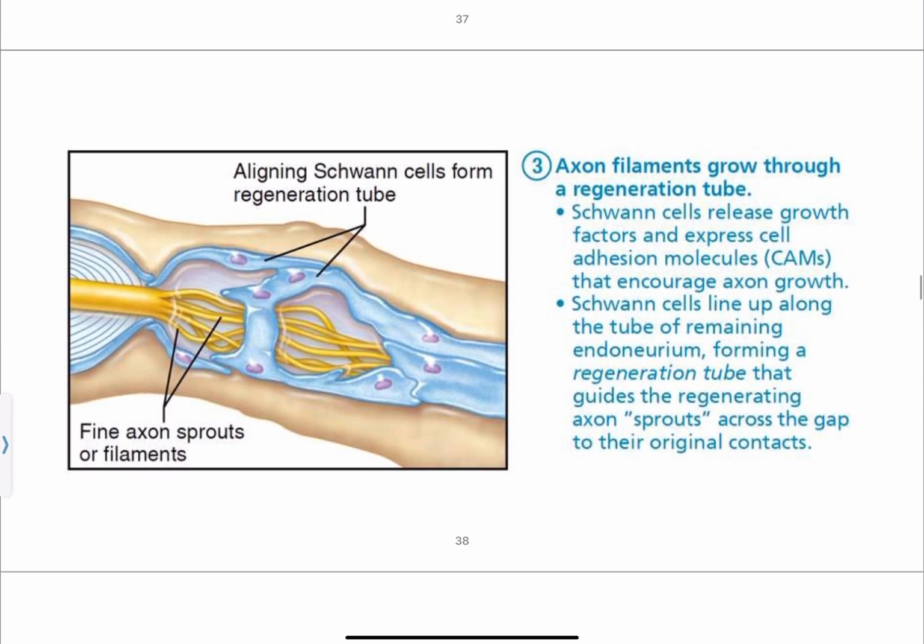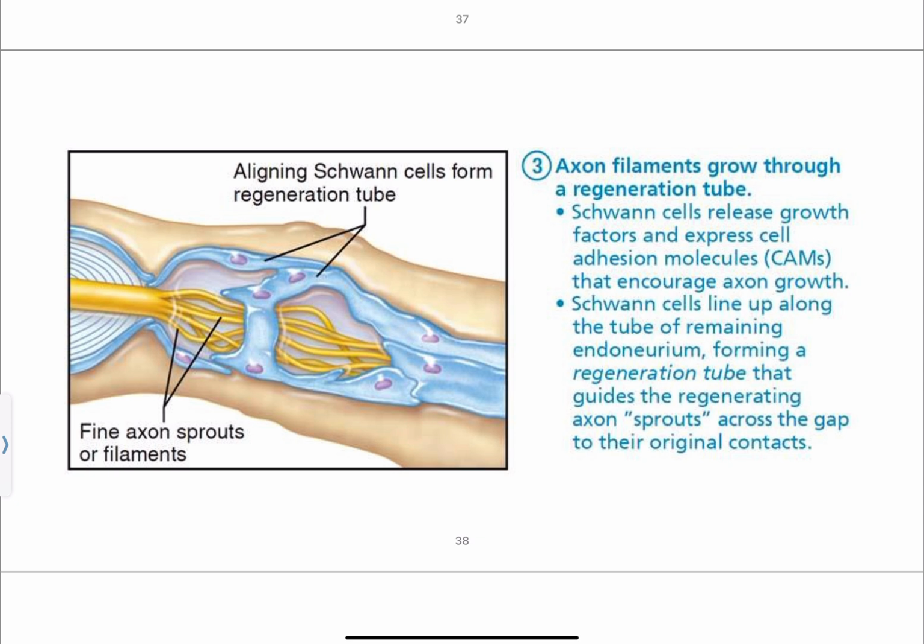The third step is allowing the axon filaments to grow through what's called a regeneration tube. If you have damage to several neuron axons themselves, they will actually go in and make one of these regeneration tubes to help guide the growth of the neurons.